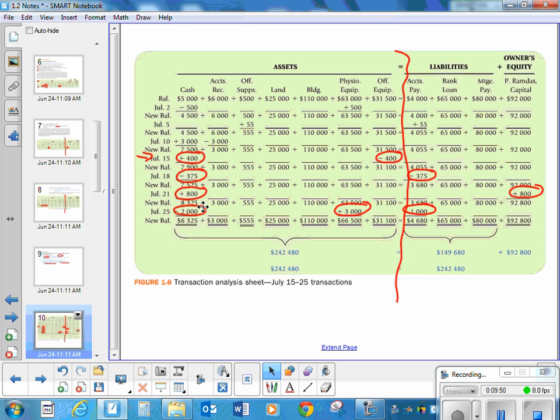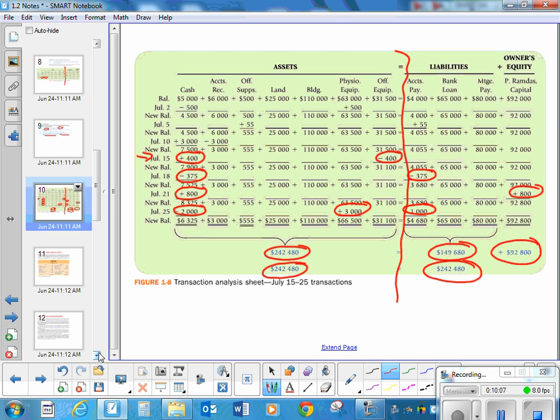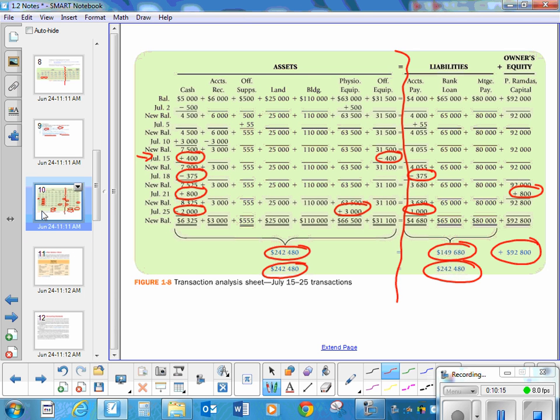Now, if this question were to be done, what you'd want to do is you would total your assets, total your liabilities, and total your owner's equity. Then you would add them, make sure that the two sides are in balance. Now at the end of that, you always want to make a new balance sheet. So I'm going to flip back to here. Do you see these totals here at the bottom and see how they're double underlined to show that everything's in balance?